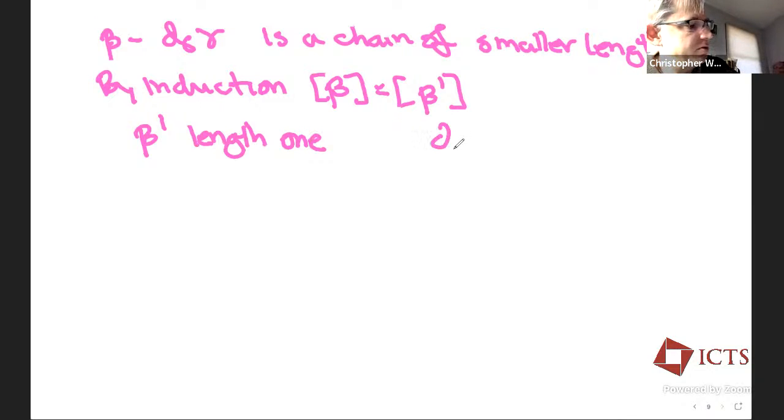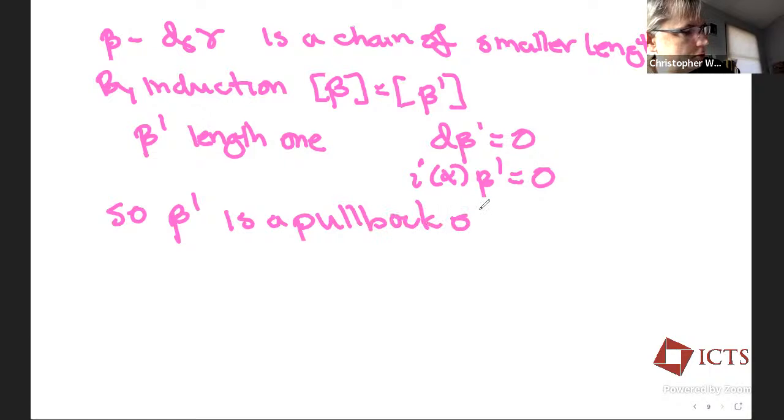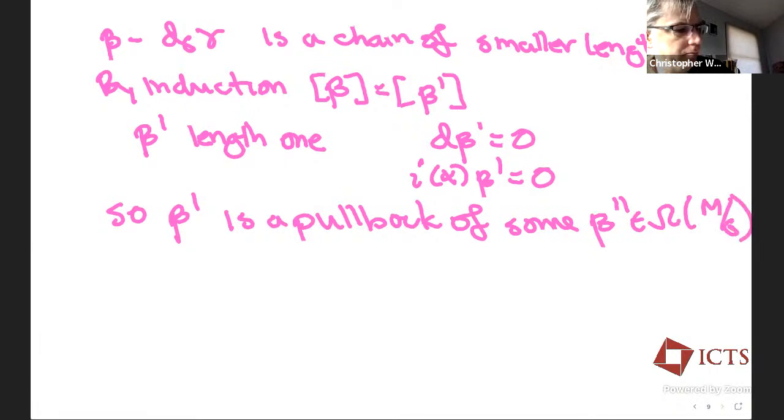That means that both d beta prime is 0 and i_X of beta prime is 0. But this means that beta prime is a pullback of some beta double prime, a form on M mod G.